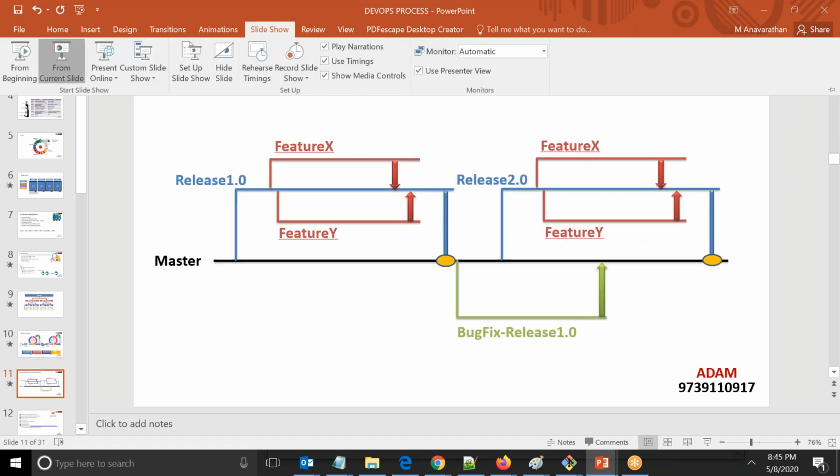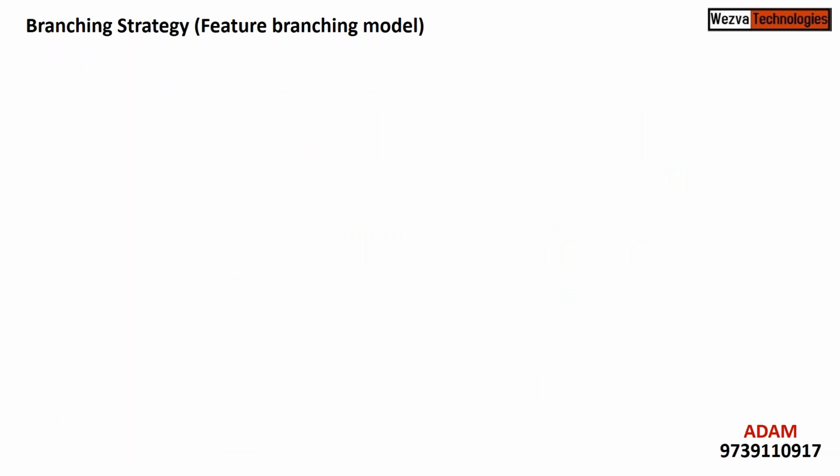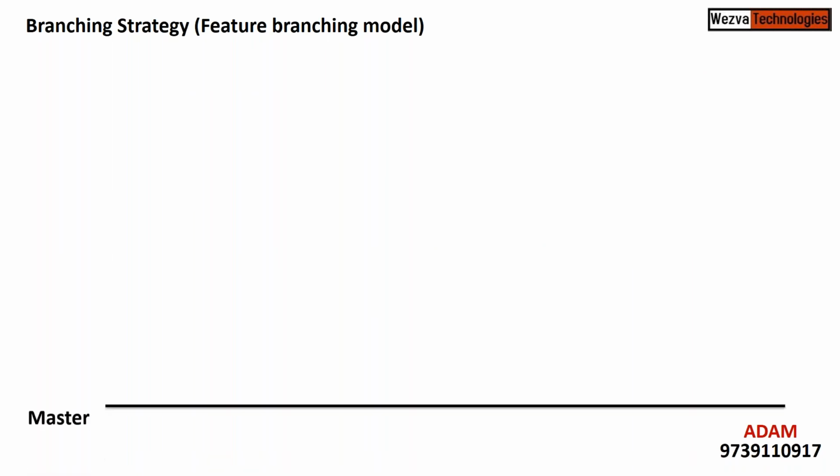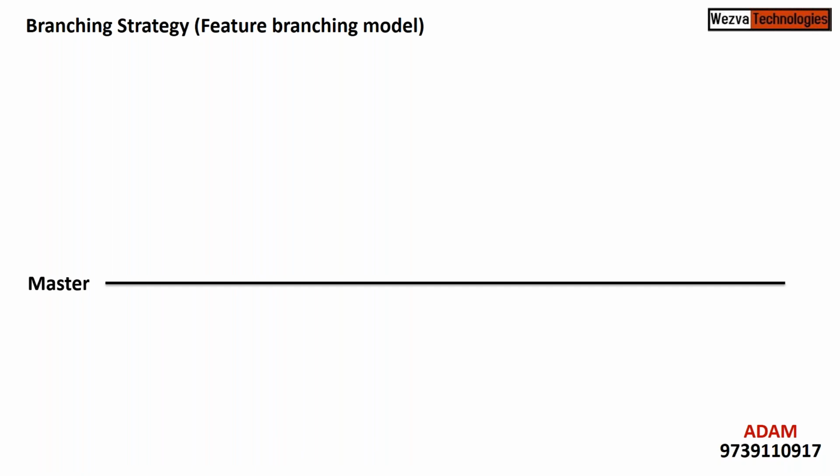Now what exactly is the branching concept? The first thing you need to understand is, if you have a repository, no one is allowed to do a commit in the master branch. Why?